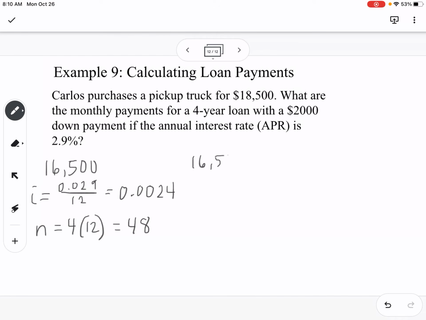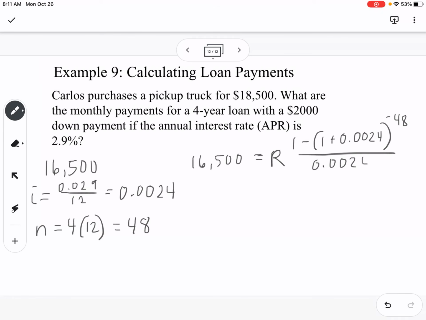So we're going to set up that equation from the previous slide. This is going to be 16,500 equals, we're trying to find R, (1 minus (1 + 0.0024) raised to the negative 48) over 0.0024. That whole value we can type into the calculator because there's no variable in it.